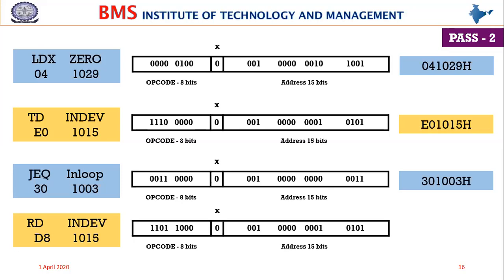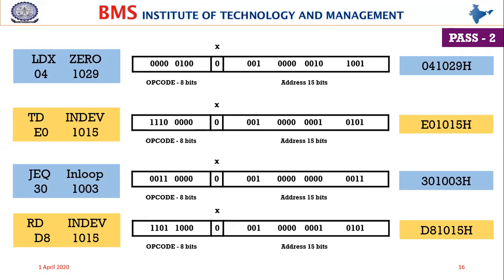Next is RD INDEV, which is also a direct addressing. The opcode is D8, which is represented as D is 1101, and 8 is 1000, and 1, 0, 1, 5 are represented consecutively. As indexed addressing mode is not there, we are making the X bit 0.